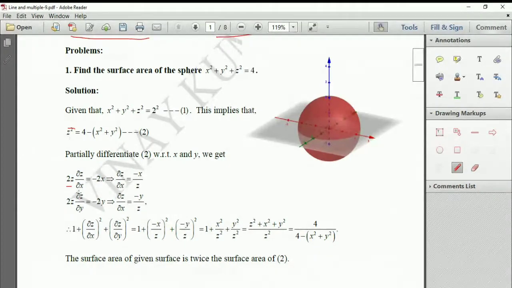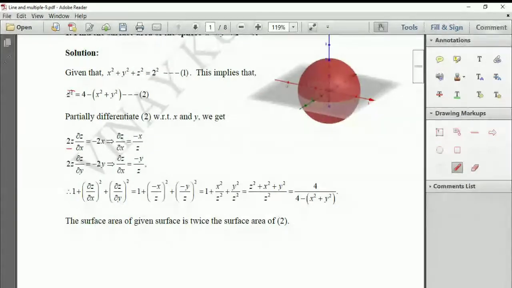It is dou z by dou x, because it contains y also, so you have to use the partial derivative. Dou z by dou x equals, now derivative of 4 is 0, minus derivative of x square is 2x, and derivative of y square is 0 because you are differentiating with respect to x. Now 2 cancels. Send this z to this side. You'll get minus x by z as your dou z by dou x.